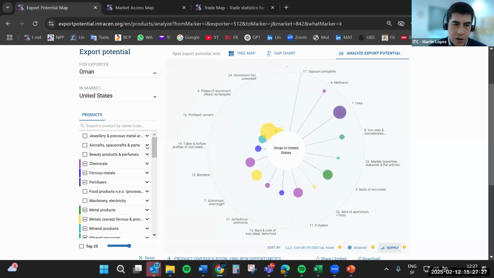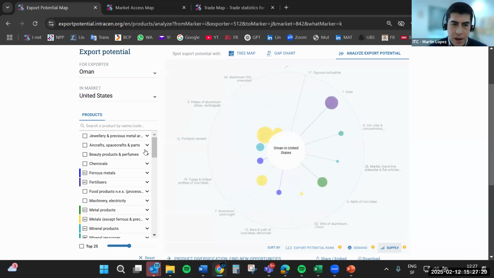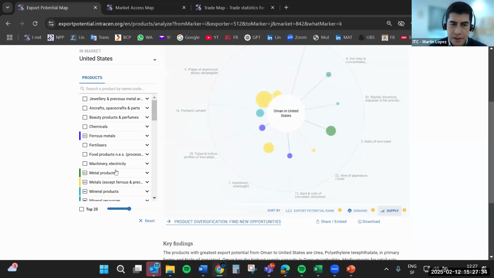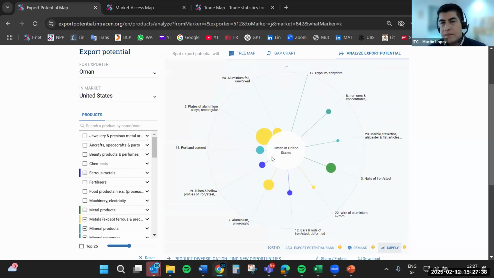I see that now we're looking at mostly mineral products. Fertilizers are still there. Let's take them out. And now I can have a more sector-specific view of my export potential from Oman to the United States for the chemical or mineral sector. That is how we can interact with this screen.